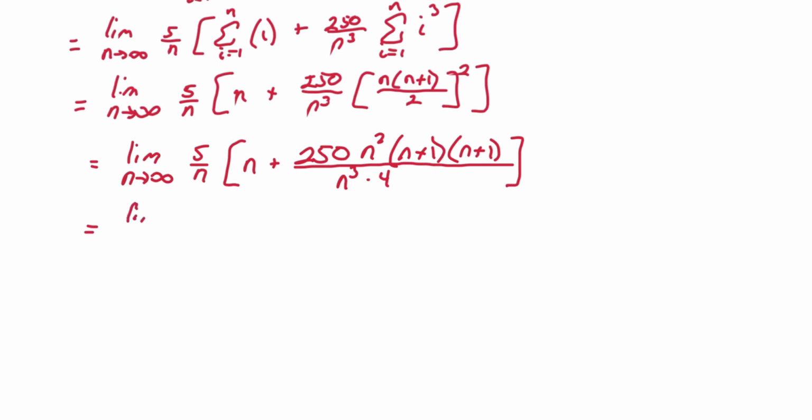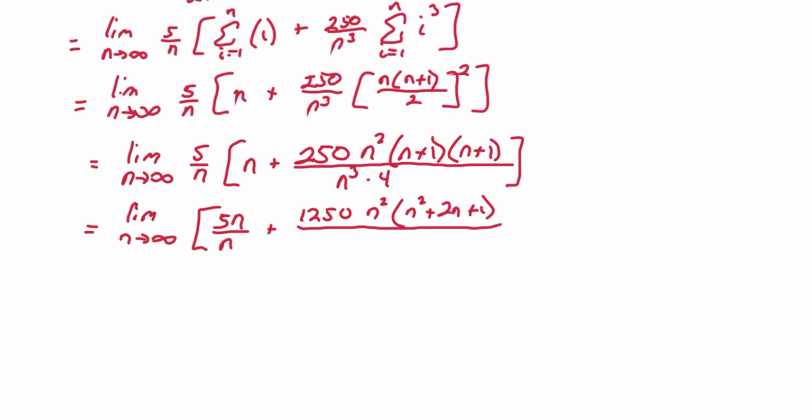Next, we have the limit as n approaches infinity. From here, let's distribute the 5 over n inside the brackets. So we have 5n over n plus 1250 n squared. Let's go ahead and distribute that binomial. n squared plus 2n plus 1.